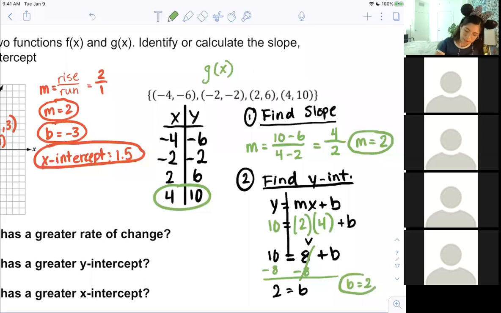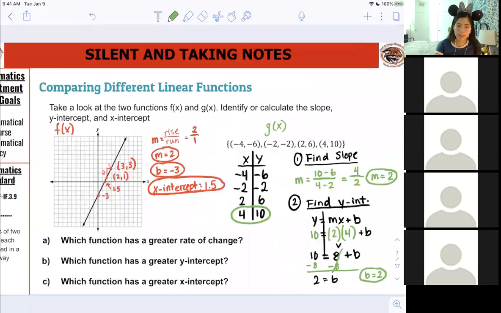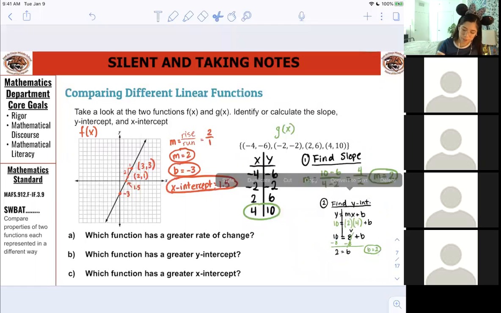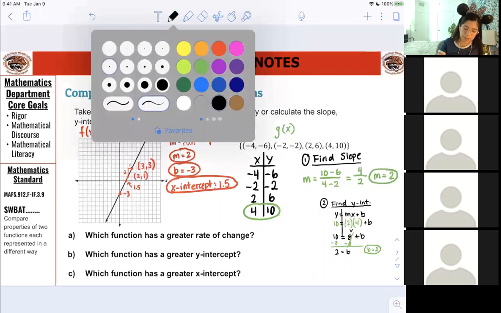All right. I got my slope. I got my y-intercept. I'm almost there. What's the last thing I have to find now? The x-intercept. So now here's where we put it all together. I know my slope. I know my y-intercept. What is the equation I can write for this line?